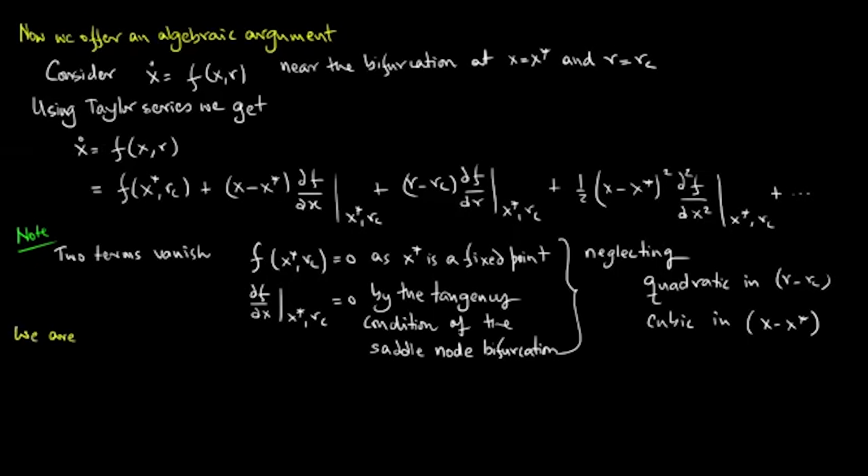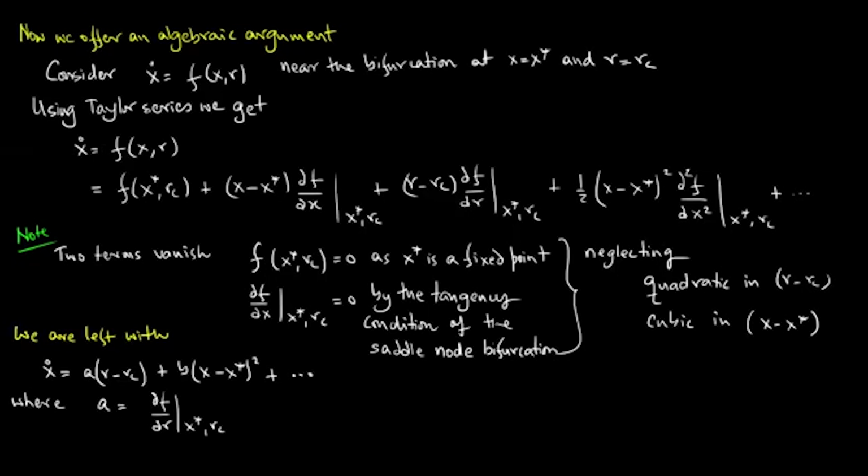We are finally left with x dot is equal to a times r minus r critical plus b times x minus x star whole squared plus higher order terms, where a is equal to df dr evaluated at x star, r critical and b is equal to 1/2 times d squared f dx squared evaluated at x star, r critical.